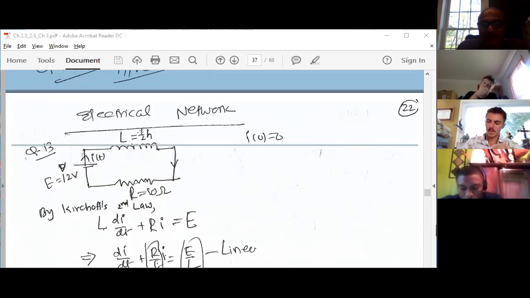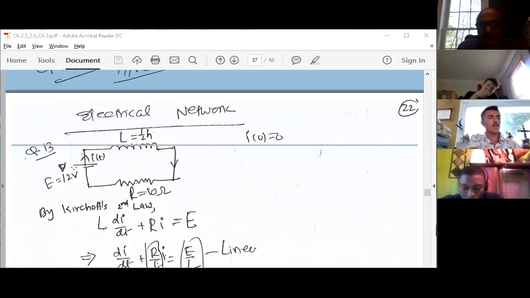Inductance is given to you, that is 1/2 henry. And then the resistance is given like this, that is 10 ohms, and that again goes to the battery. Suppose the battery is off, that means no current is passing through the circuit. That's why i(0) equals 0, that's the initial condition, right?